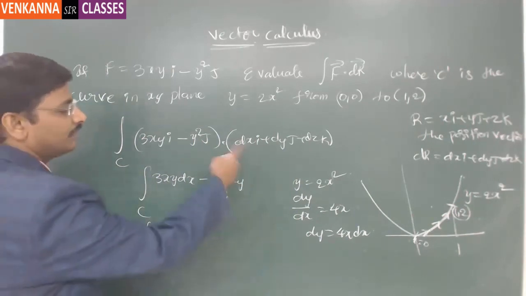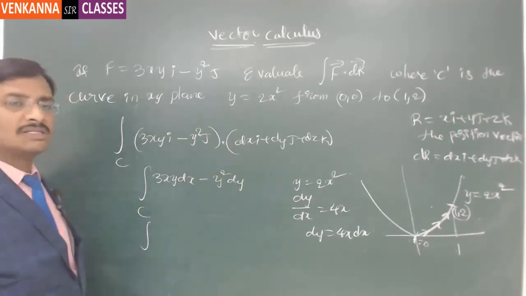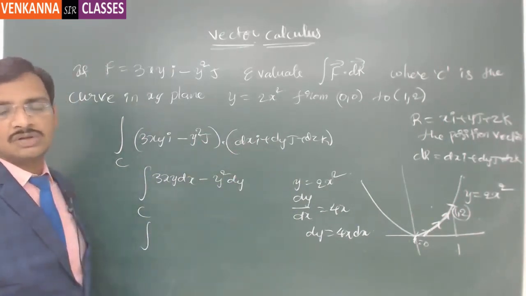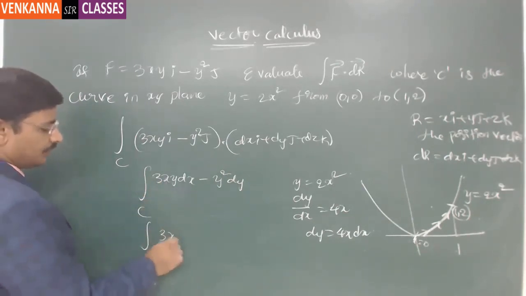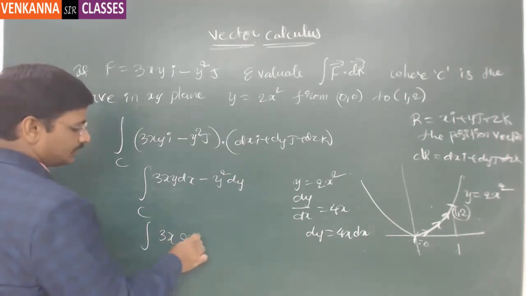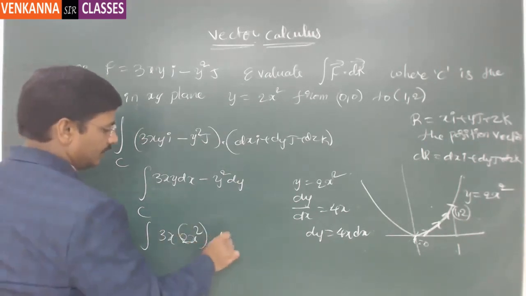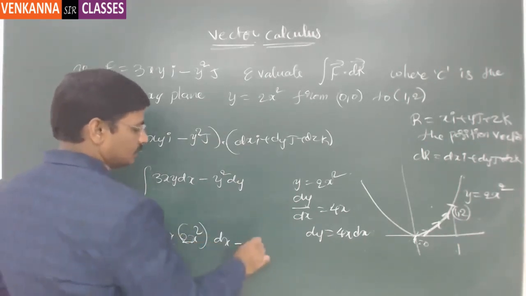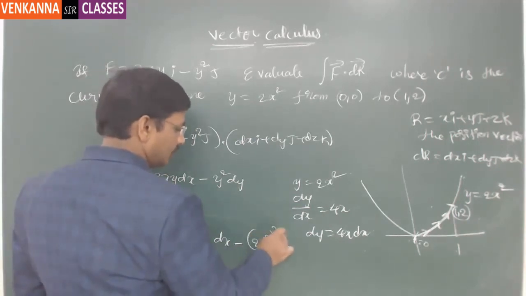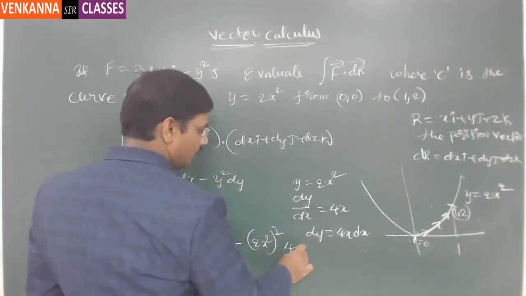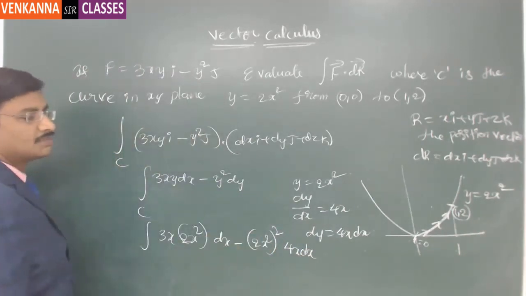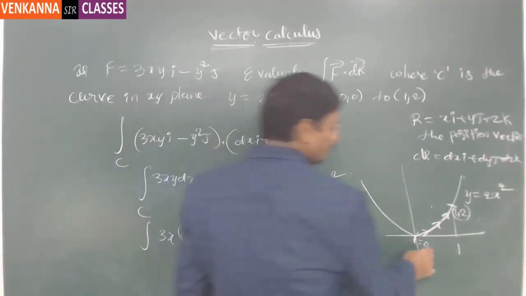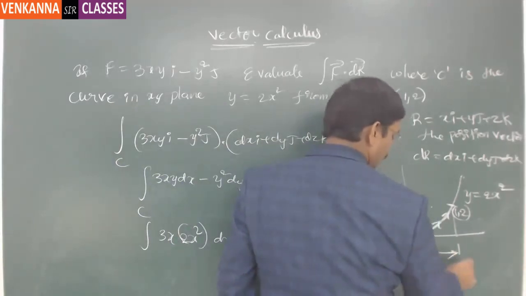Here everything is changed in terms of x, but you can even change it in terms of y and still get the same answer. Now 3x into y I replace with 2x square, and dx, minus y is 2x square whole square, dy I replace with 4x dx. As everything is converted in terms of x, the limits vary only for x from 0 to 1.